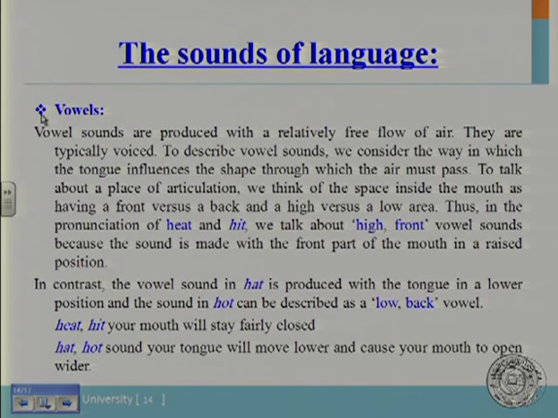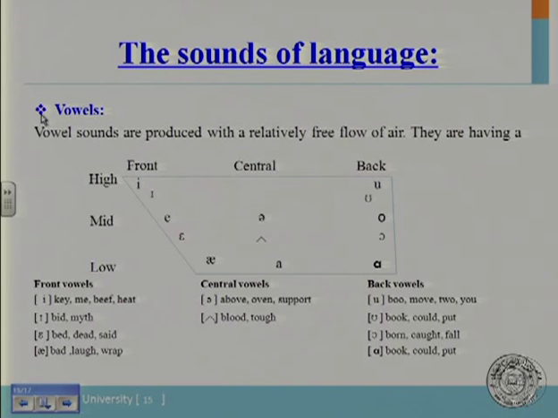When you pronounce hit and heat, you can feel that the mouth is closed. But when you say hat and hot, you can feel that your mouth is open wider.